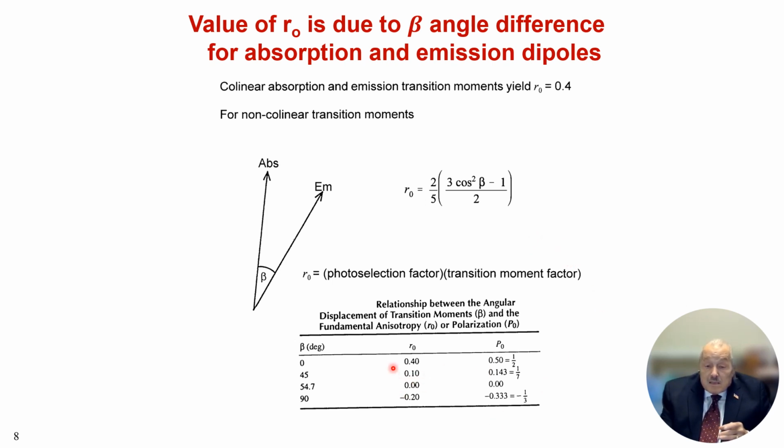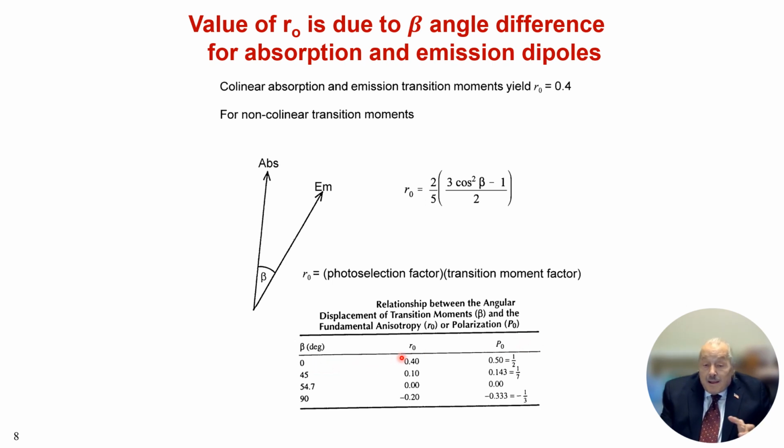Here we've listed some values that are possible. We can look at either the anisotropy value or the polarization value. As we indicated in the previous lecture, they measure the same thing, just a different expression form.